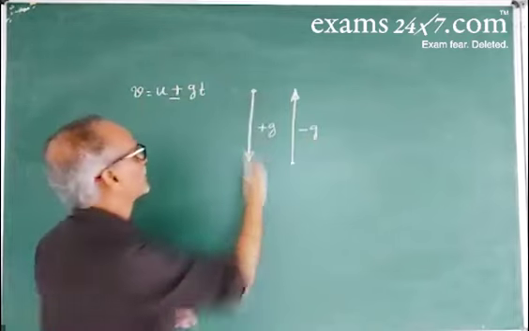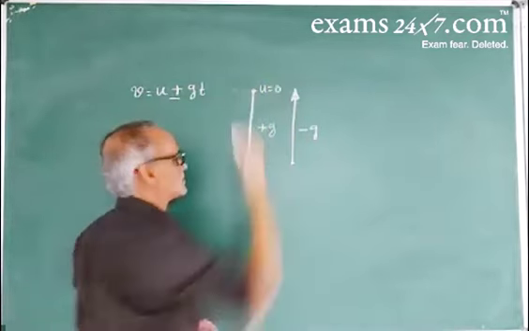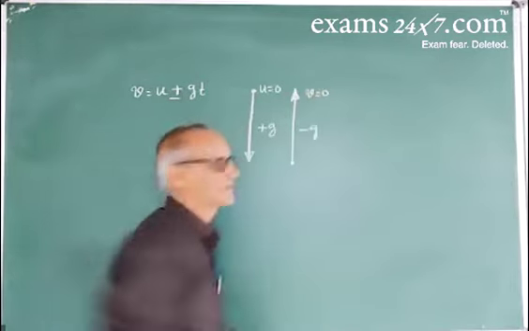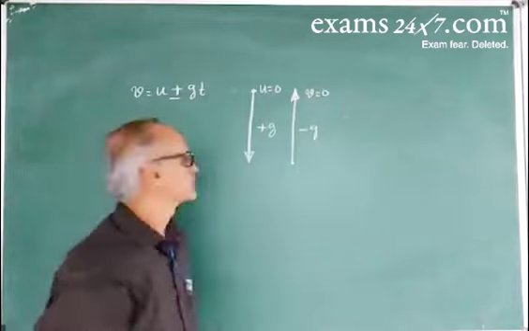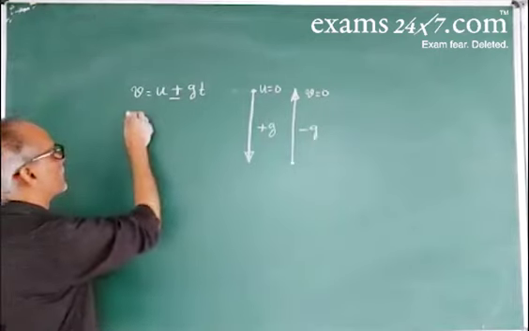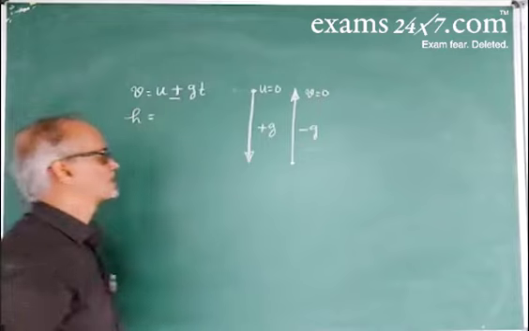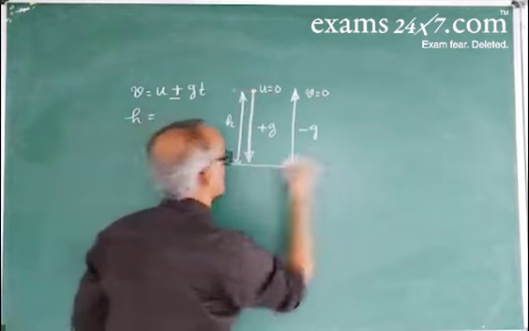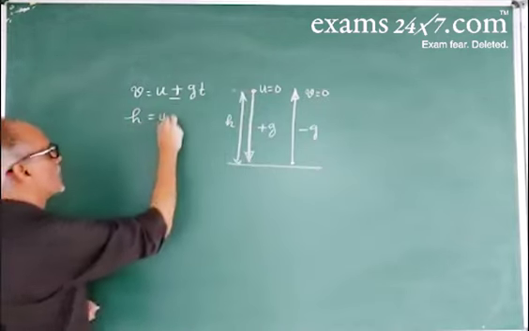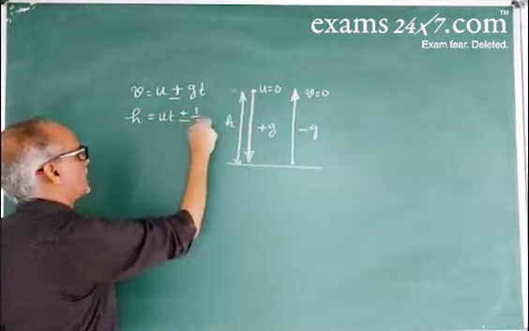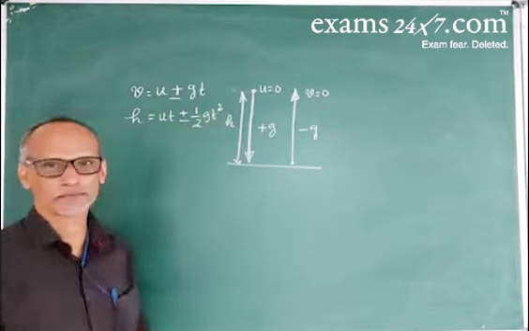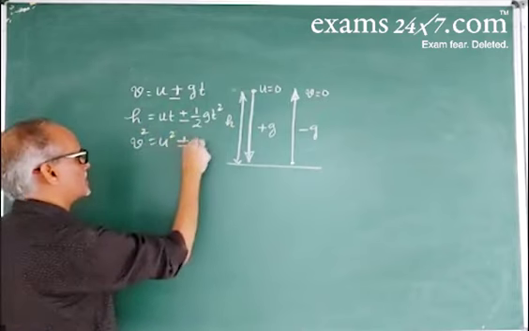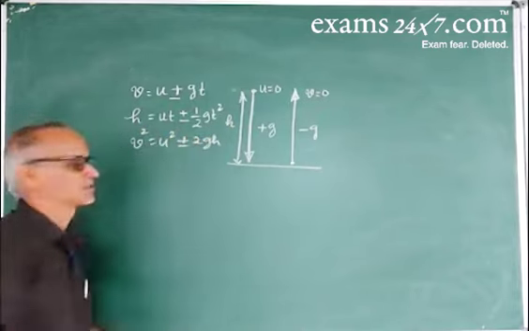But for free fall, u is equal to 0, whereas when a body is thrown upward, the final velocity becomes 0. So accordingly we can modify this equation. Then s is equal to h, where h stands for the height from which the body is dropped, and if this is the surface of the ground, then h is equal to ut plus or minus half g t square. v square is equal to u square plus or minus 2gh.